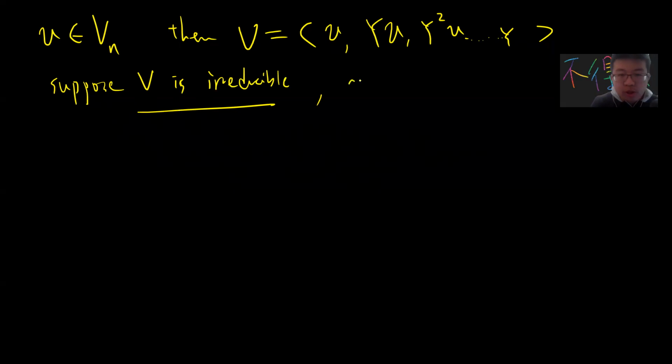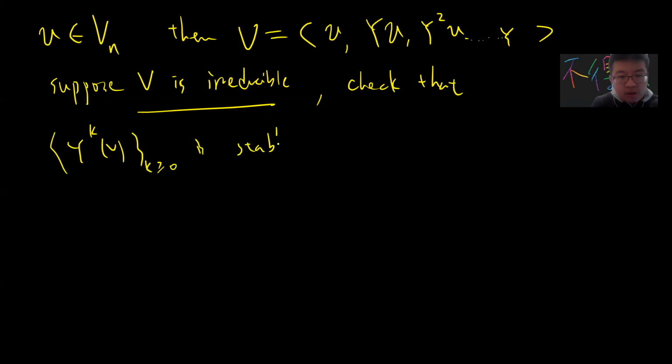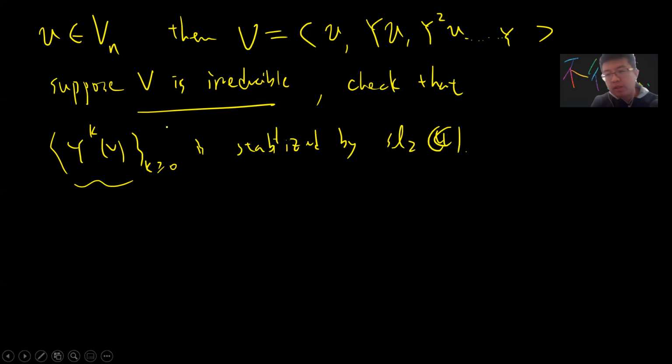We need to check that this span is stabilized by sl2c. Basically this means that this set is stabilized by acting with Y, X, and H. This is the definition of irreducible: it means this is an invariant subspace. If you act with the algebra elements on this subspace and it does not go out of it, that means it forms a representation.